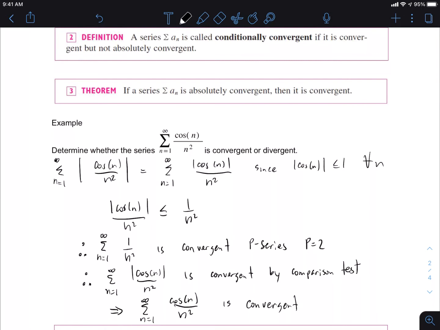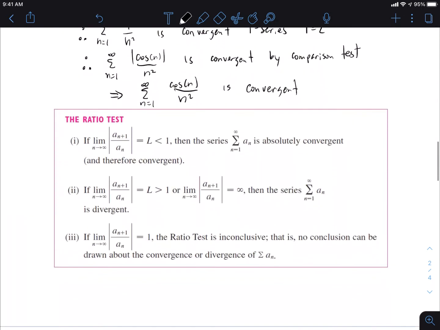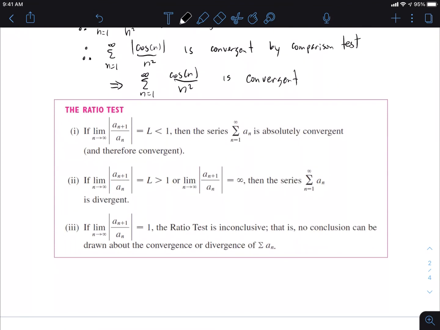Okay, we also have tests for the ratios, and so the ratio test tells us when we compare the next term over the previous, right? That's what it's saying here, next term over the previous in absolute values. If that's equal to some limit L that's less than 1, then we have absolute convergence, and therefore we have convergence for our series.